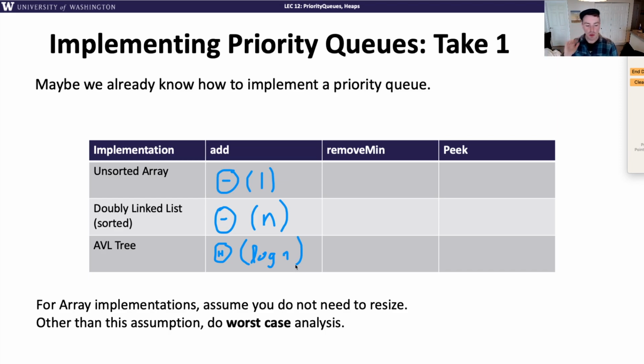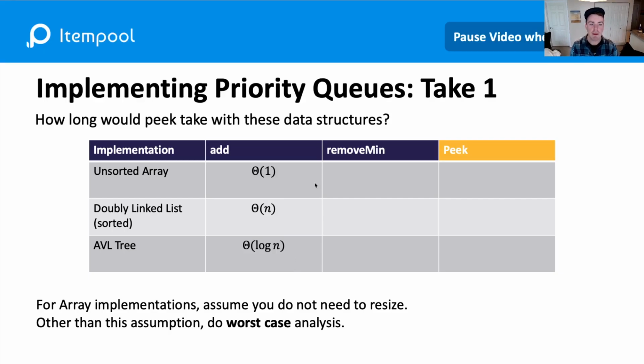Now, the challenge is, with these three structures, how do I implement the other methods? And how do I actually go about computing their runtimes? So I want to give you a chance to exercise this. I want you to think about the peek example. So think about the peek method, and how would I implement this?